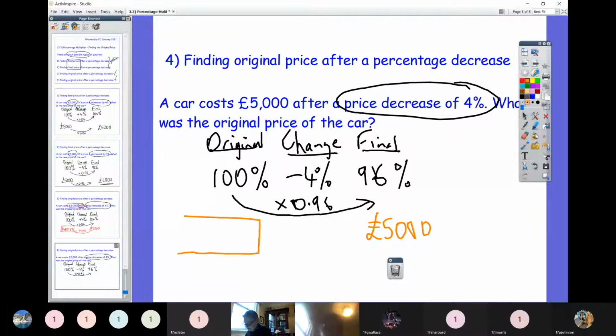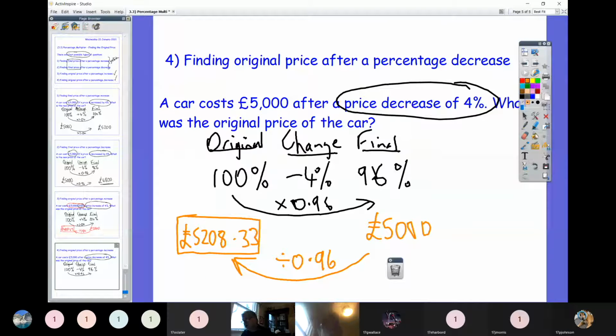We are going right to left, not left to right. So we don't multiply by 0.96, we divide by 0.96. So 5,000 divided by 0.96 equals £5,208.33.